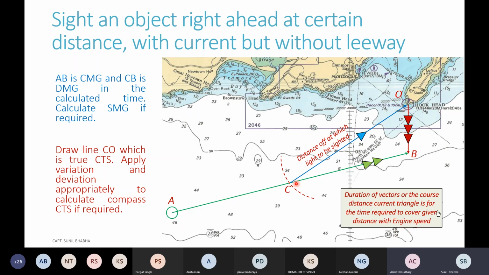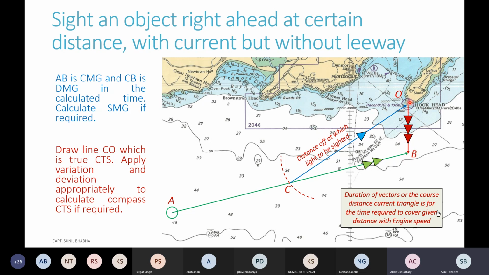Let us say if distance was 12 miles and our engine speed was also 12 knots, then this triangle is for 1 hour. So Charlie to Oscar is the CTS and engine distance for 1 hour. Oscar to Bravo is the set and drift of the current for 1 hour.